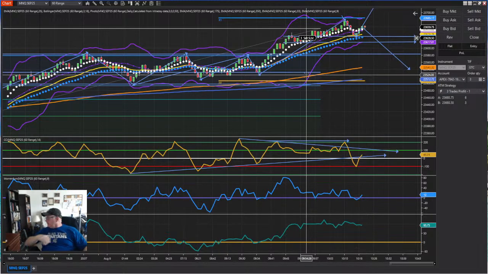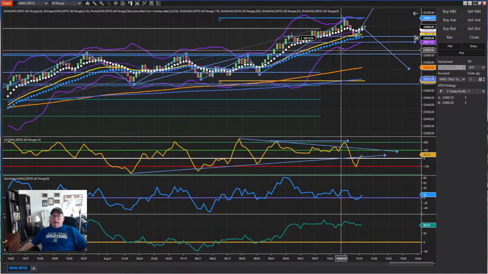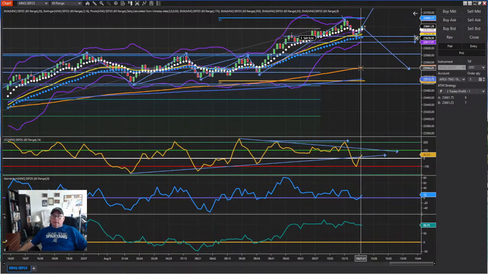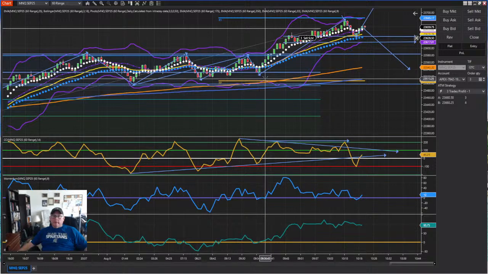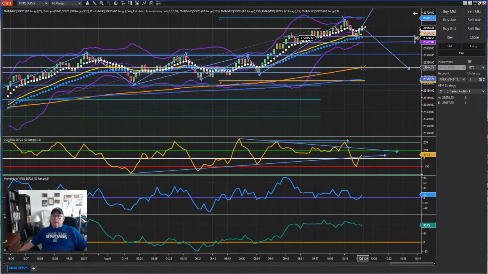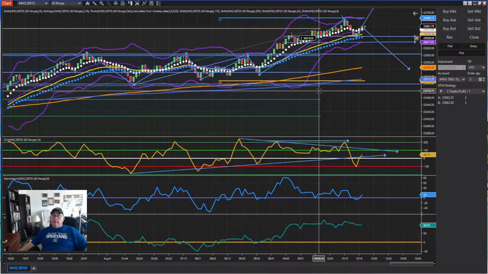So what I'm thinking is people will like to buy maybe in here, maybe down here, maybe down to the pivot. So getting down to here is certainly possible. It's a very weak up signal right here, although it is crawling up.